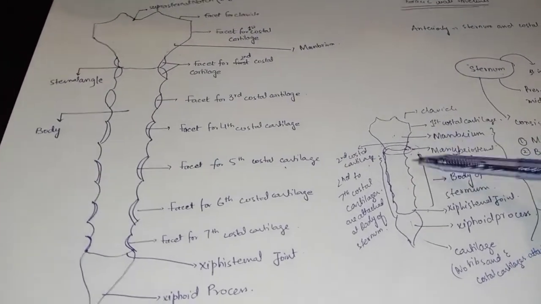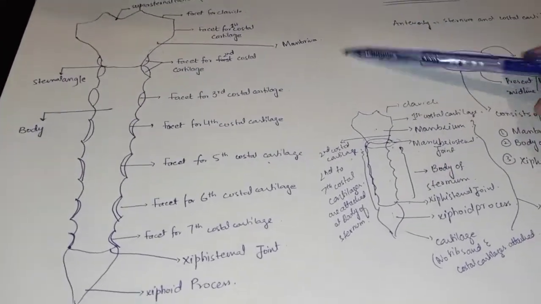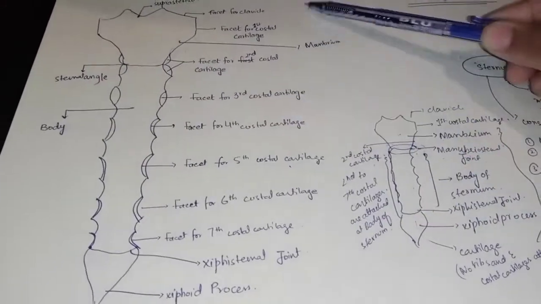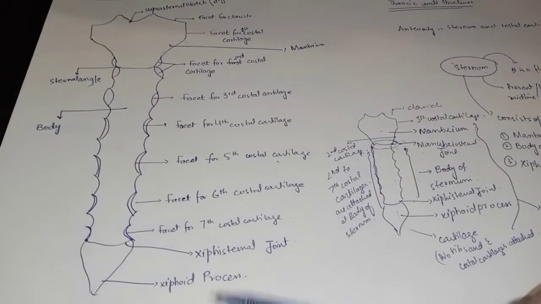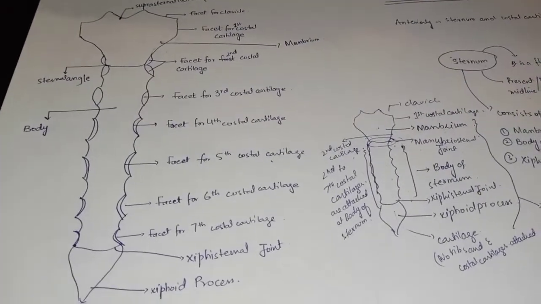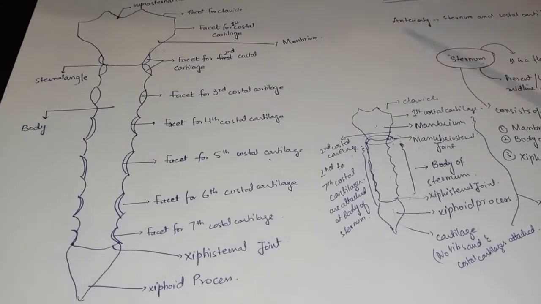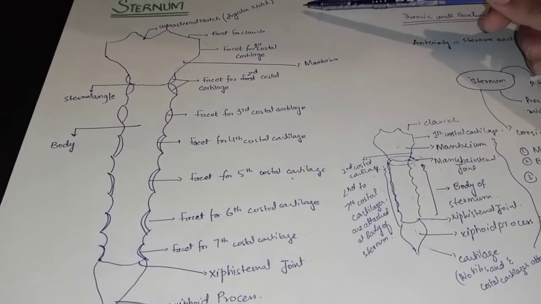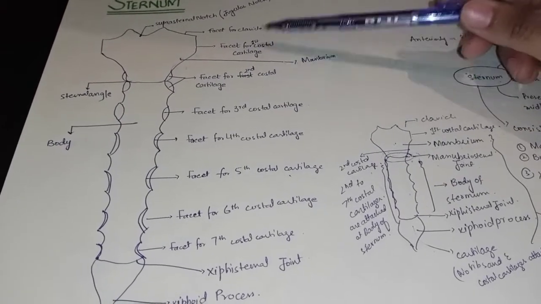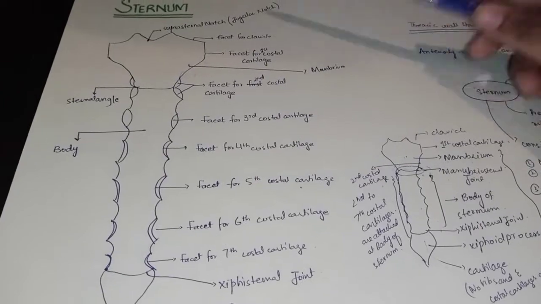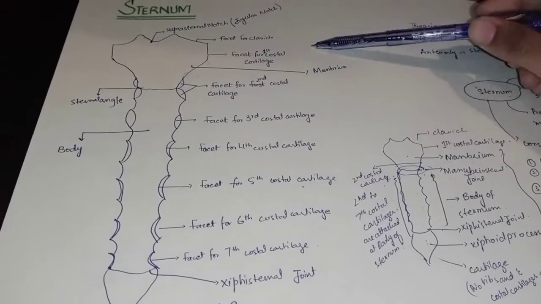In this diagram, this is the body of the sternum, this is the manubrium, and this is the xiphoid process. The manubrium is the upper part of the sternum, which gives attachment to the first costal cartilages, the upper part of the second costal cartilages, and most importantly the clavicle.